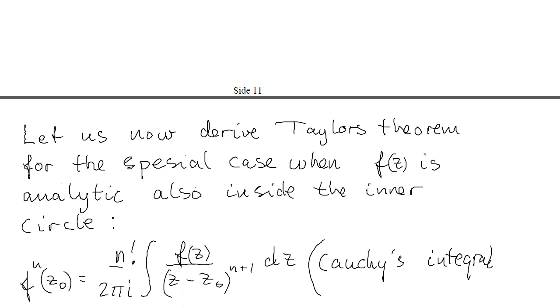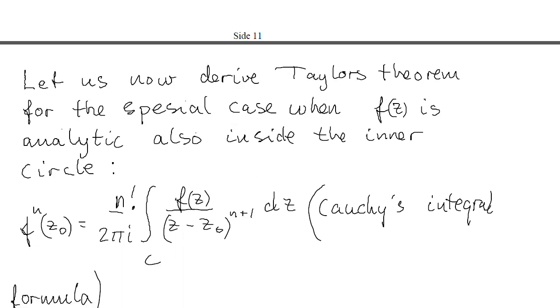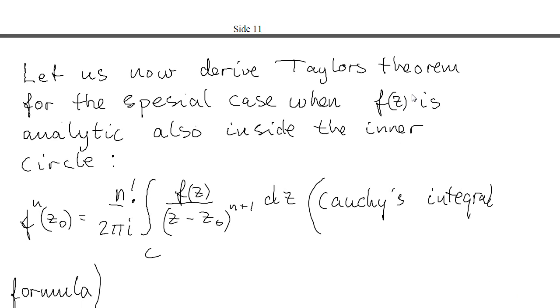We can derive the Taylor theorem for the special case when f of z is analytic inside the inner circle as well. In order to see this, we use the Cauchy integral formula, which you have seen before.